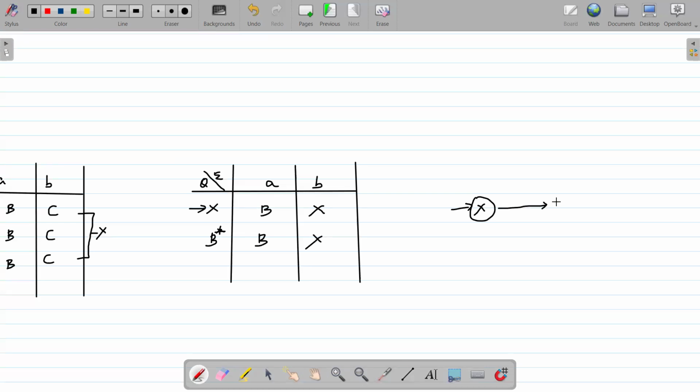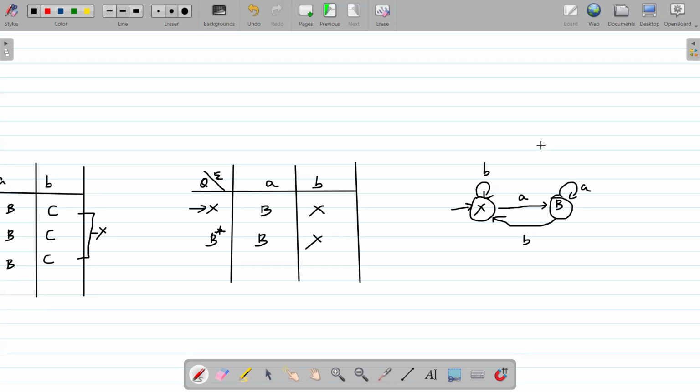So on getting A as the input, we reach B. Then from X to X on getting B as the input. Then suppose we are in B and we get A, we'll stay in the same state. And suppose we get B, we go back to X. So this is the minimized version.